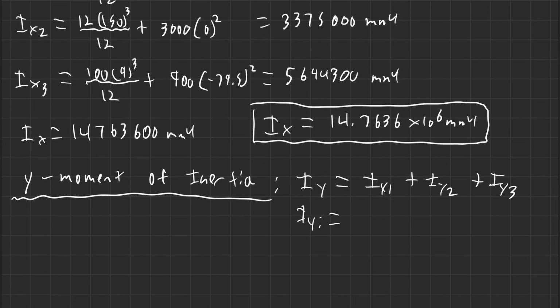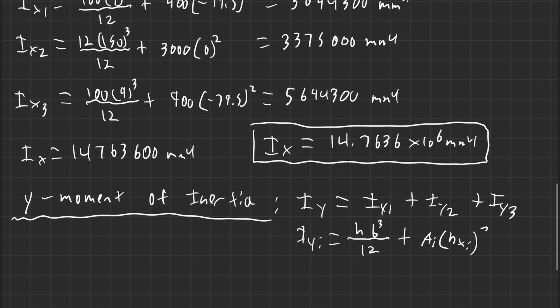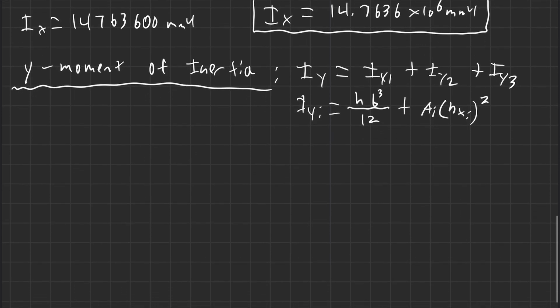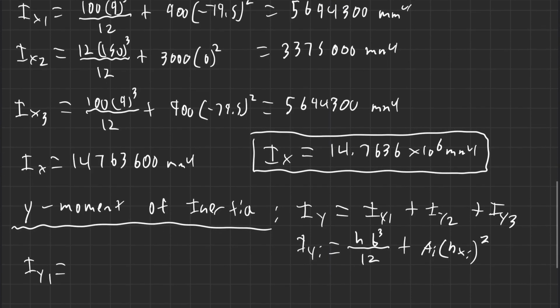Iyi equals the height times the base to the 3 over 12, plus Ai times hxi squared. So you're basically flipping your axis, so your height and your base are going to change. And we know that hx equals 0 for all of ours, so we can just cancel that out for all of our calculations to make it easier. So for 1, we remember the first one was 9, so let's flip those: 9 times 100 to the 3 over 12 plus the area of 1 times 0 squared.